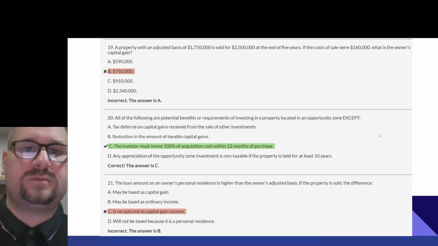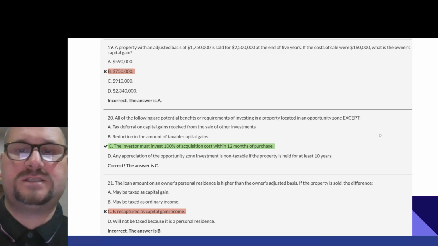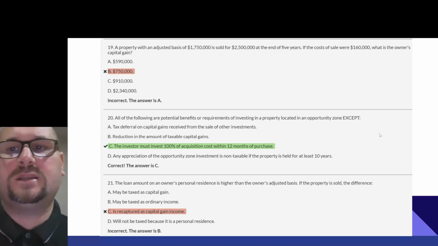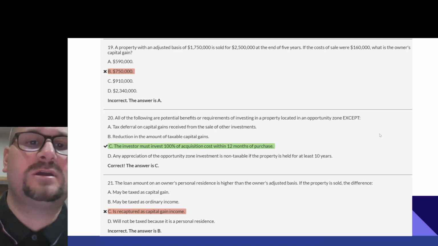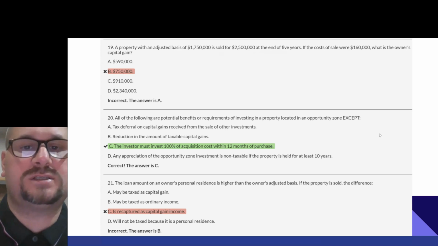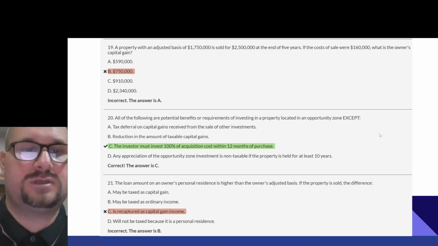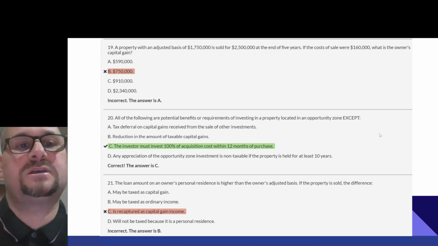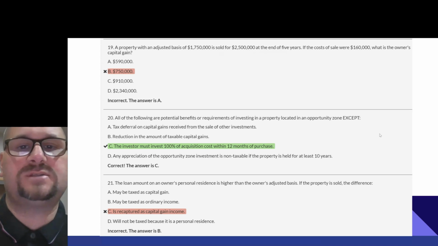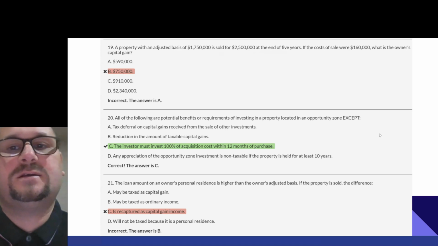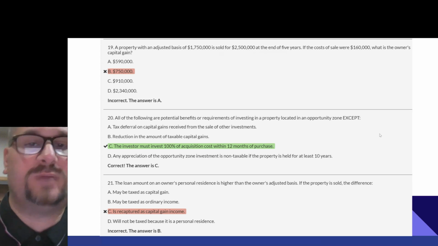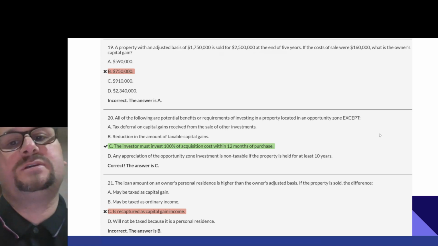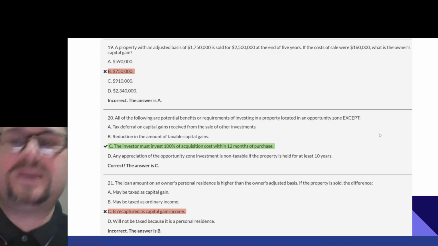All the following are potential benefits or requirements of investing in a property located in an opportunity zone, except what? B. Charlie, except the investor must invest 100% of acquisition cost within 12 months of purchase. That is not a requirement of investing in a property located in an opportunity zone.